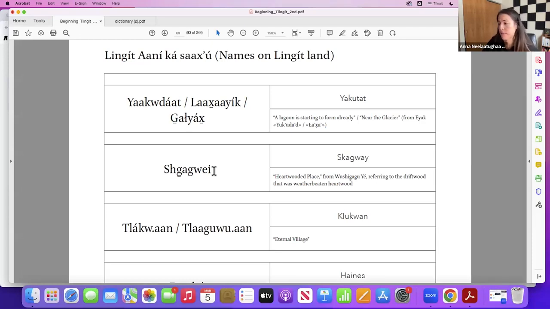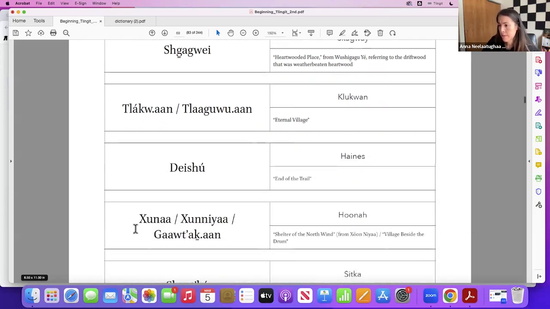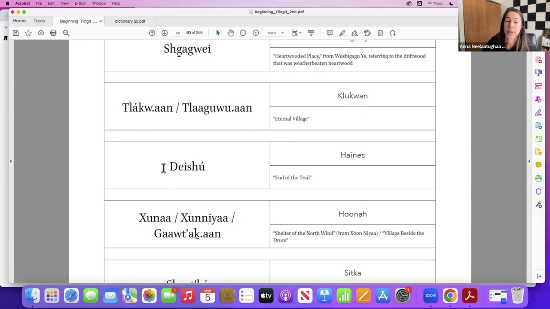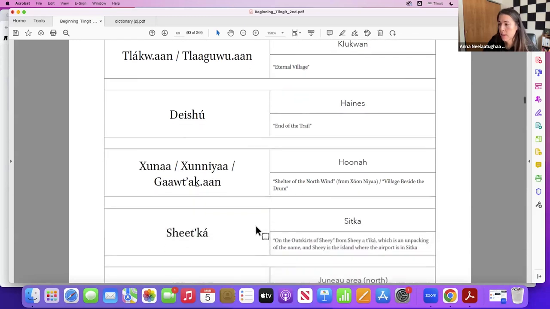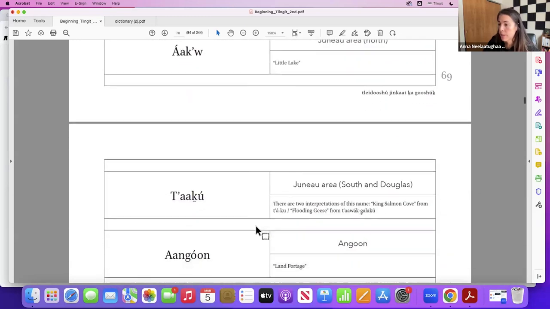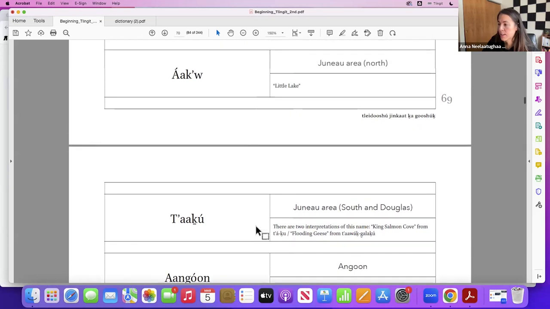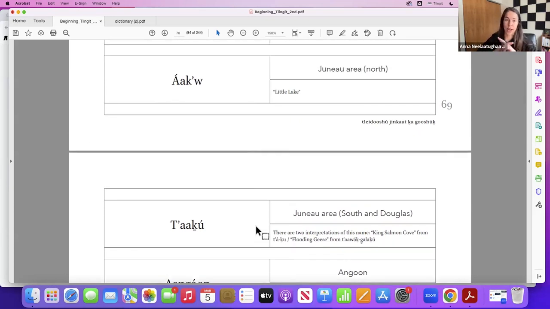These are place names. And then a lot of them will also be a Kwan name, but not all of them. So all of these places belong to a Kwan or an ancestral territory of people. And so there's some overlap, but it's not a direct correlation all the time.